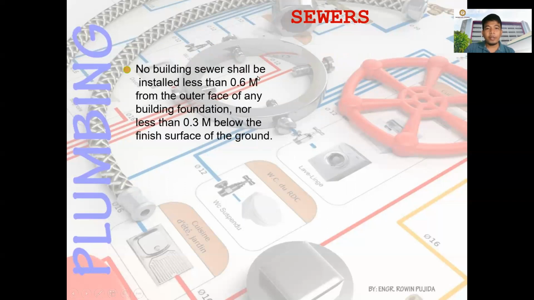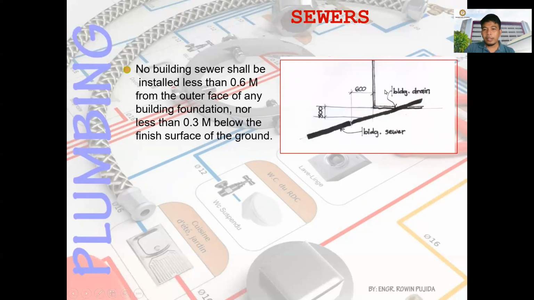Next, no building sewer shall be installed less than 0.6 meter from the outer face of any building foundation, nor less than 0.3 meters below the finished surface of the ground. So I already discussed this in the sanitary drainage system, the previous topics.